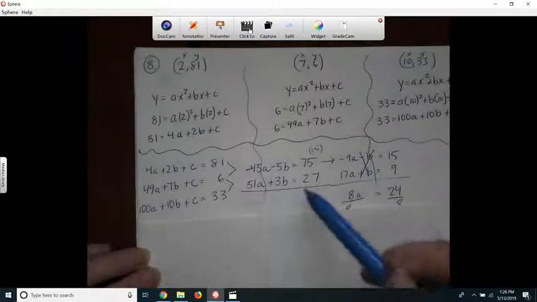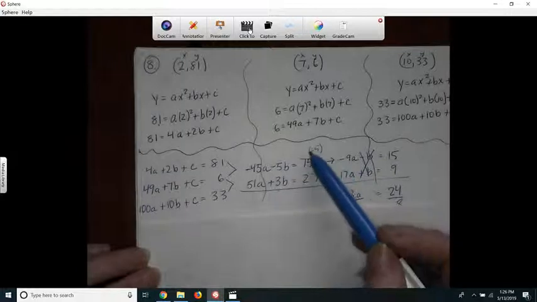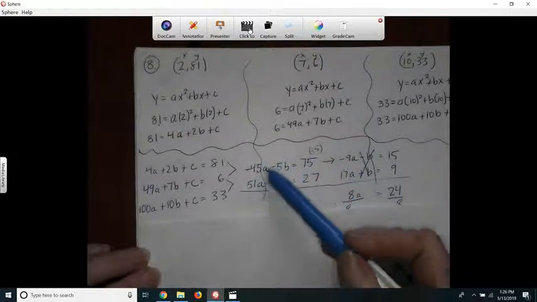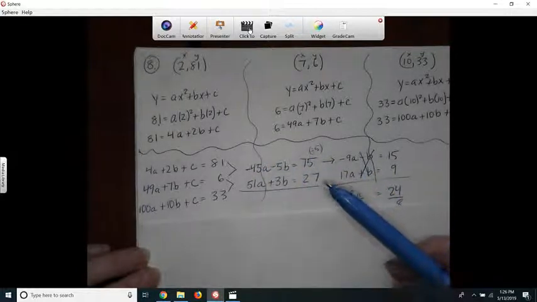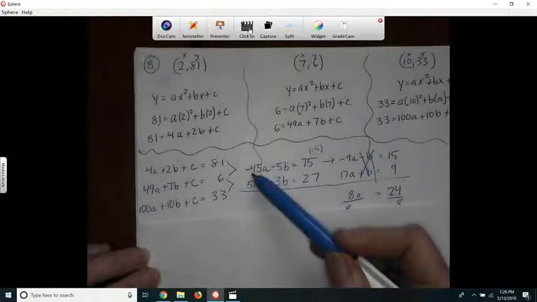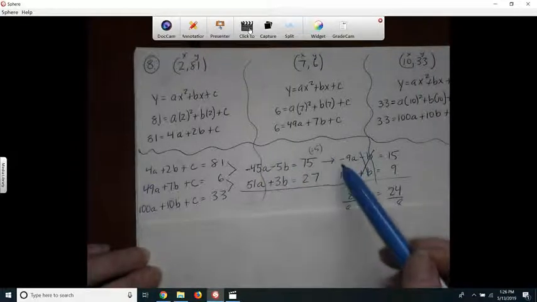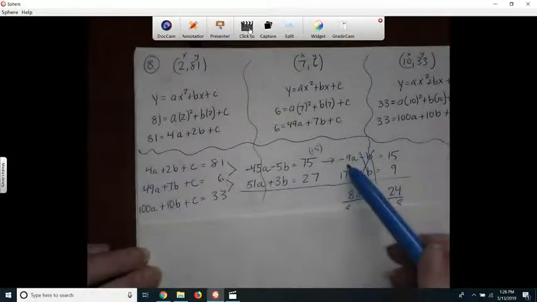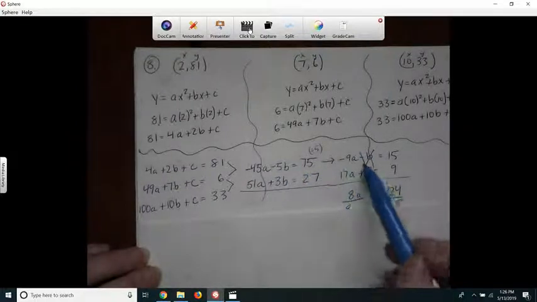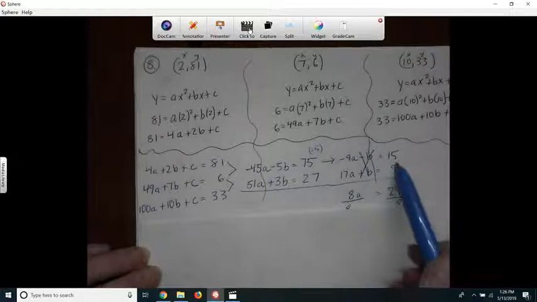Now I ask which one is easiest to get rid of, A or B. I noticed these are all divisible by 5, so I divided everything by 5 and got negative 9a minus b equals 15.